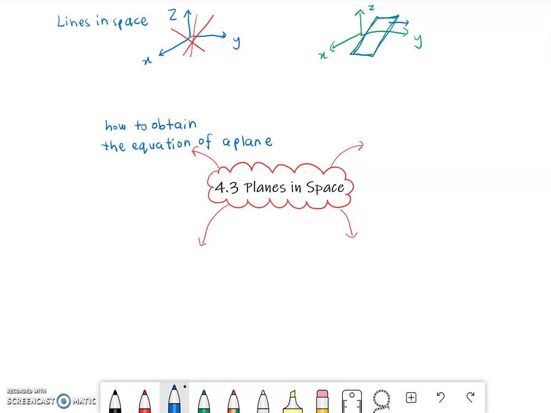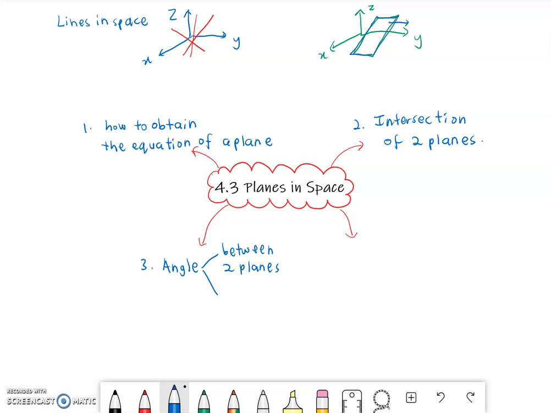Okay, and then we want to find the intersection of two planes. And then the third one is to find the angle. So to find the angle, there are two types of angle that we want to cover. The first one is the angle between two planes.